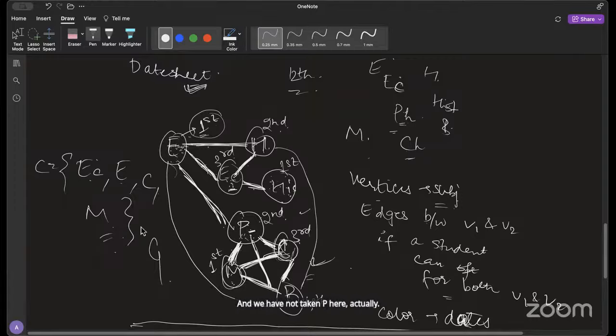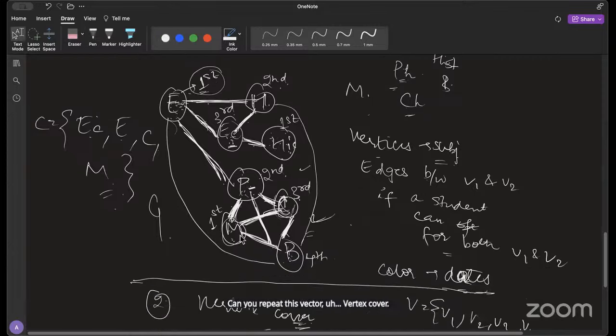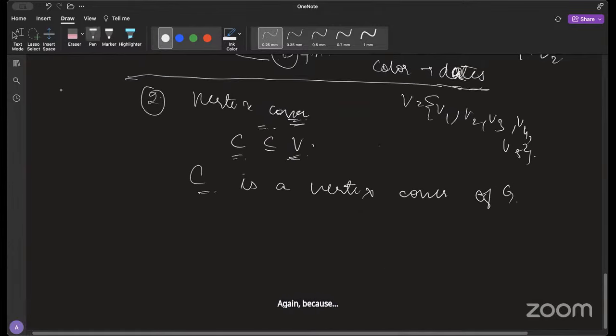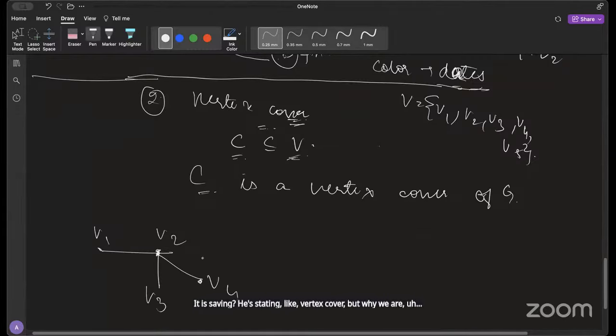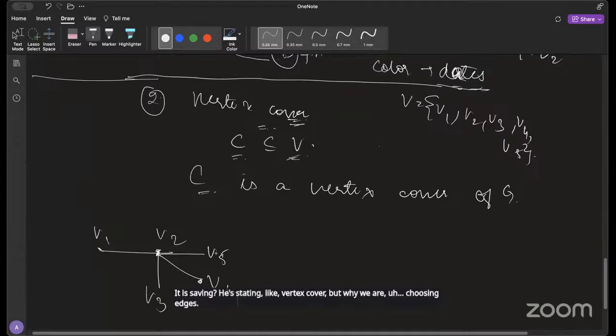Can you repeat the vertex cover again? Yeah, let's do it with some other graph. Ma'am, I have a doubt in the previous one. Why are we choosing edges? Why are we covering edges?